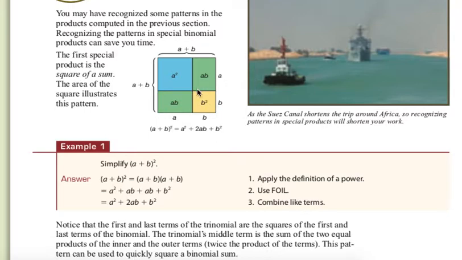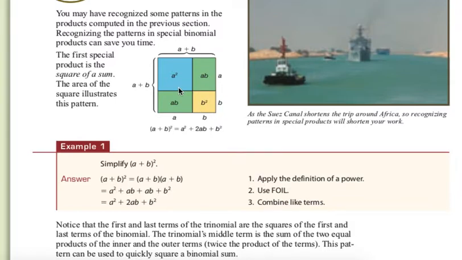So we can see already our pattern here that we have a squared. So it's going to be the first term squared, and then you're going to multiply the two terms together, and then you're going to add them to each other, and then it's the last term squared.